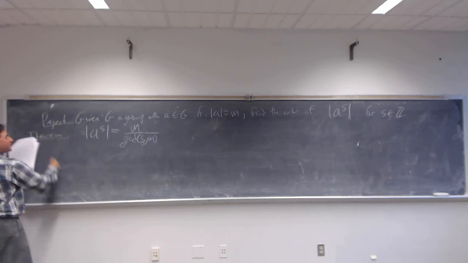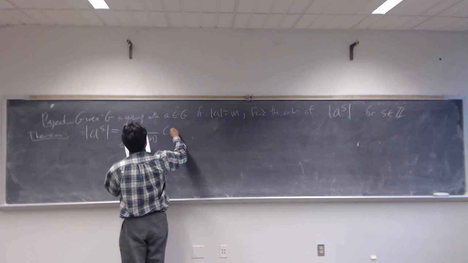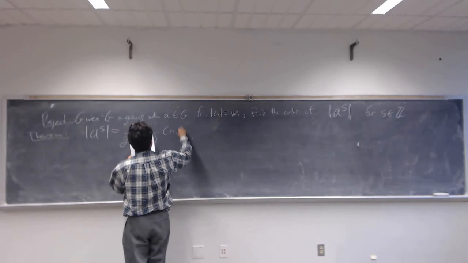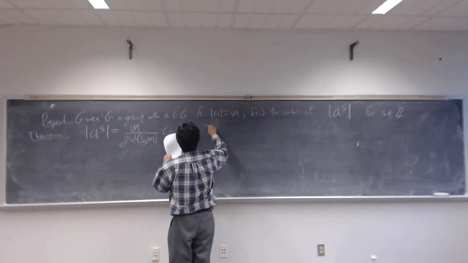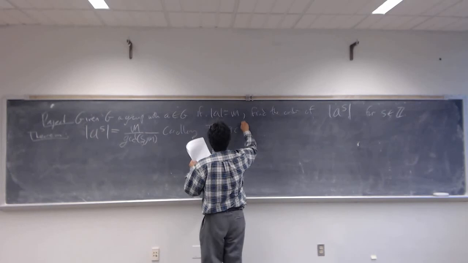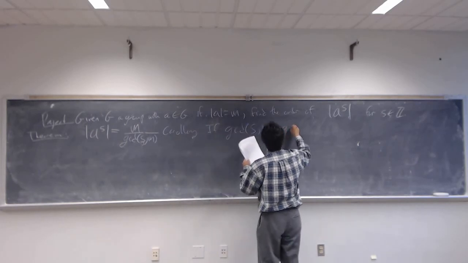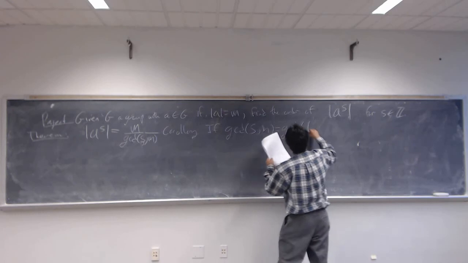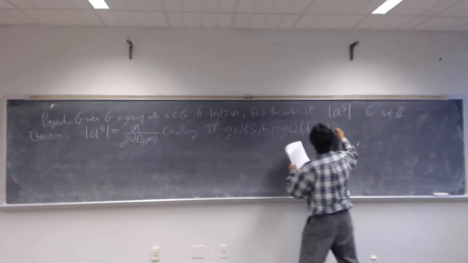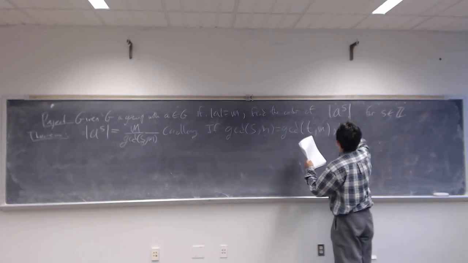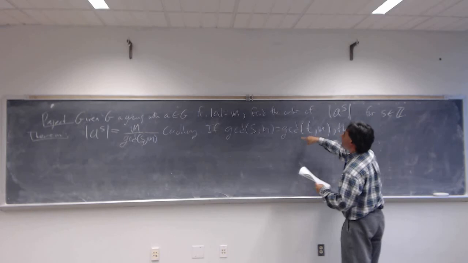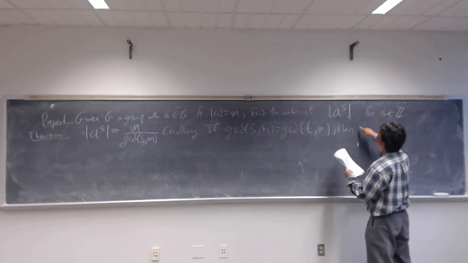So that's the theorem with this setup. And I'll even state the corollary, which comes out of the proof: powers of a generate the same subgroup when they have the same greatest common divisor with m, the order of the element.